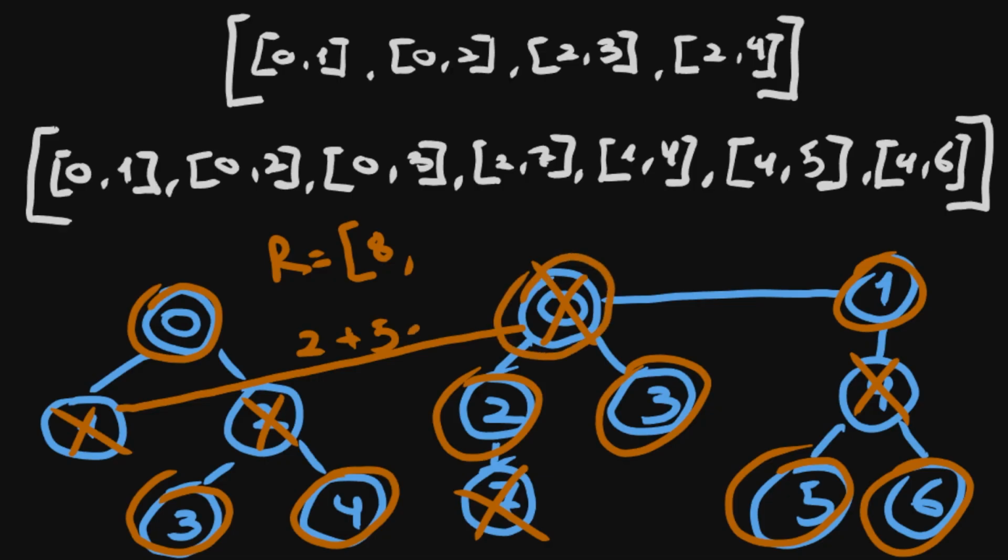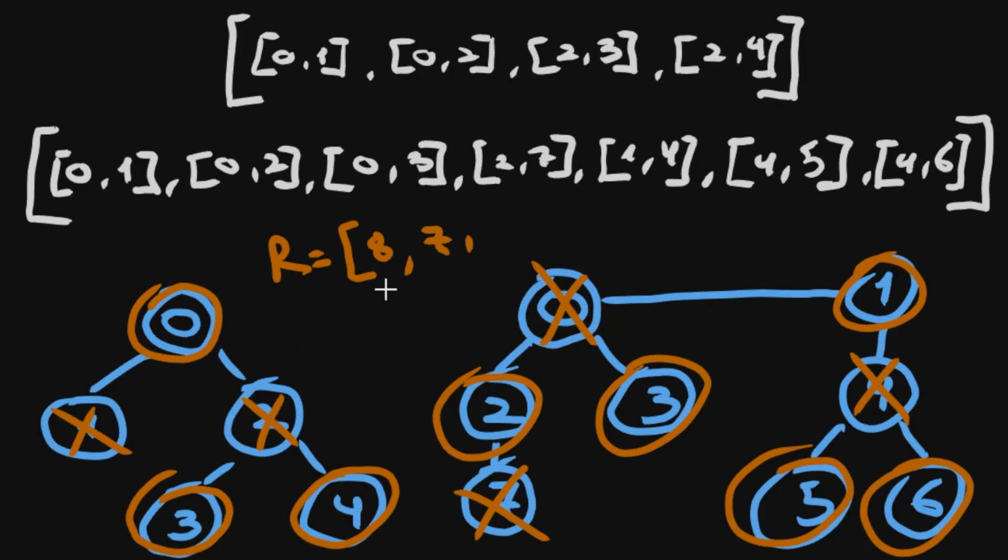So 2 plus 5 is 7, so here we add a 7. And similarly, now we are looking at index 2. This means this is the source. 2 belongs to the group of 1 and 2. And we are also connecting this 2 with this node in the right graph. So this is also 7.